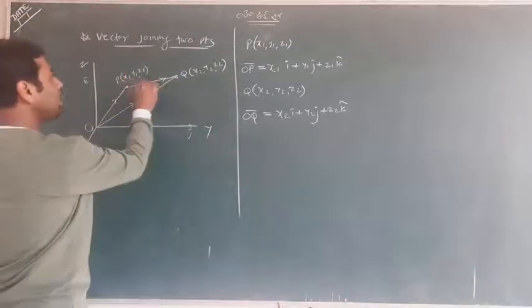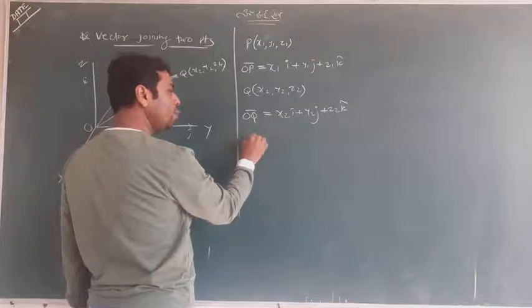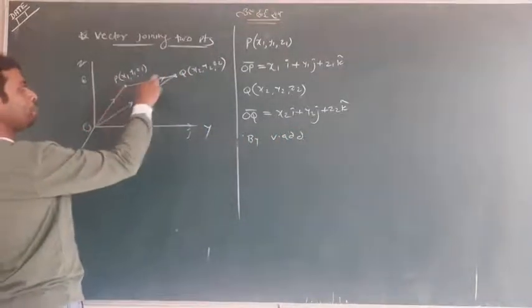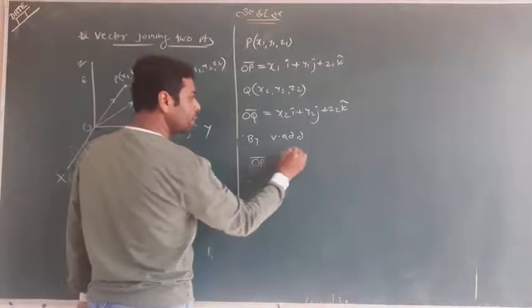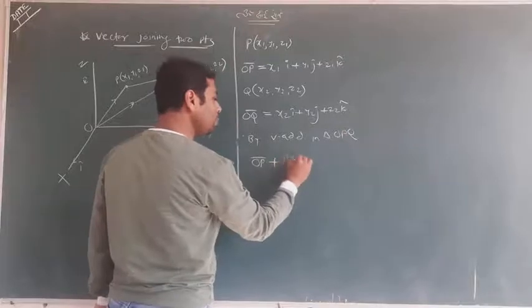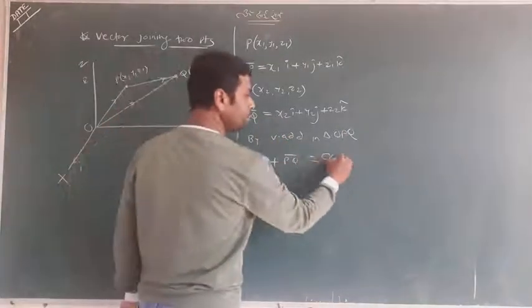And you want to find PQ actually, so we use vector addition here. Can you use vector addition here? OP plus PQ in triangle OPQ. OP plus PQ is equal to OQ.